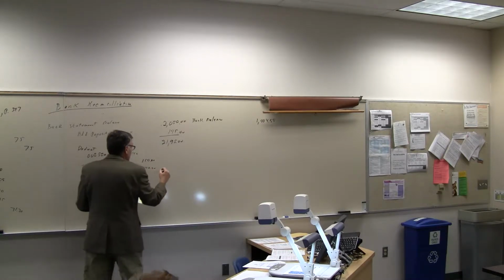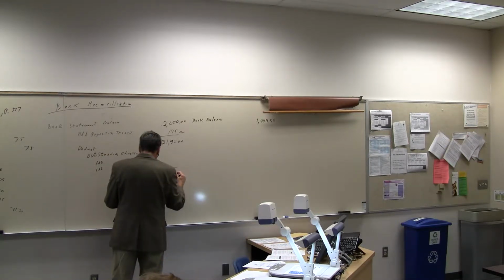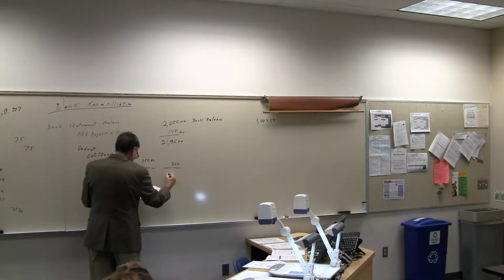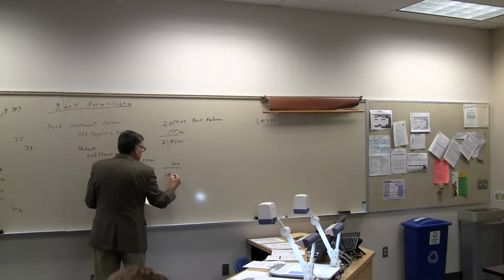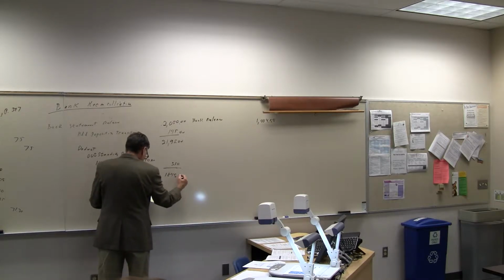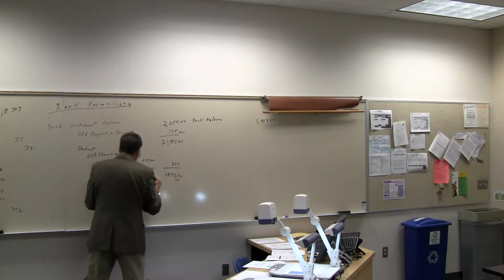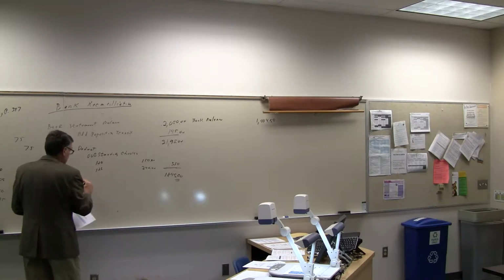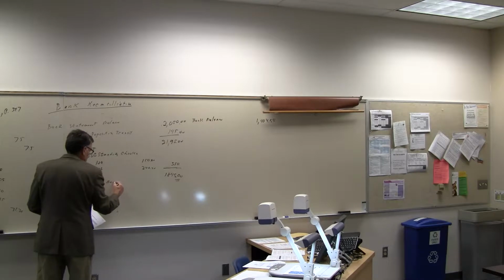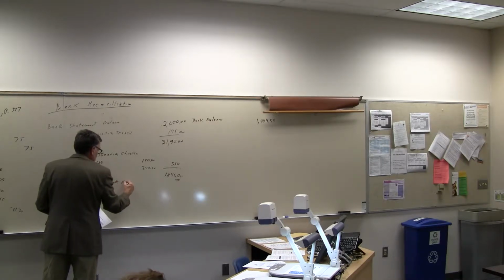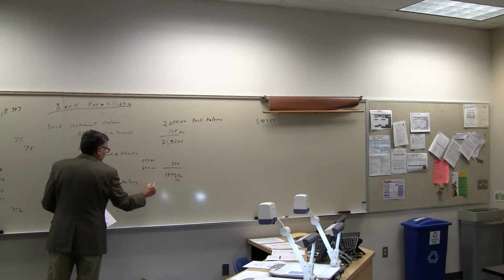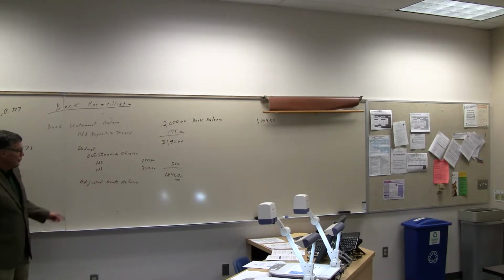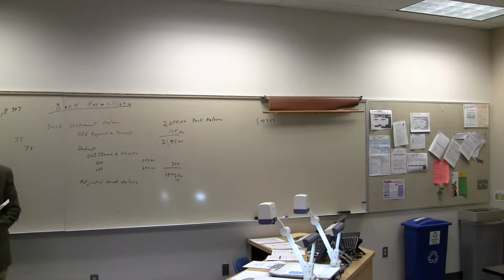If you add them together, they equal $350. You subtract that from the total, and that means that if you update this, your adjusted bank balance is $1,845.